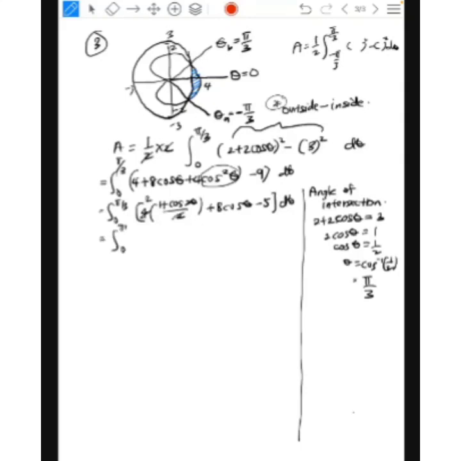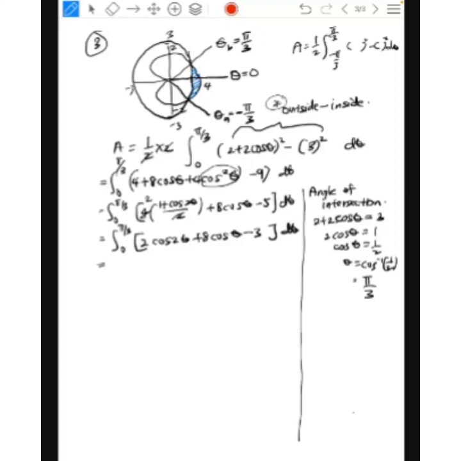I always like to simplify my equation first before I proceed with integration. So 4 times 1 over 2 is 2, and 2 minus 5 will be negative 3. So we have 2 cos 2 theta plus 8 cos theta minus 3. Then I can integrate.